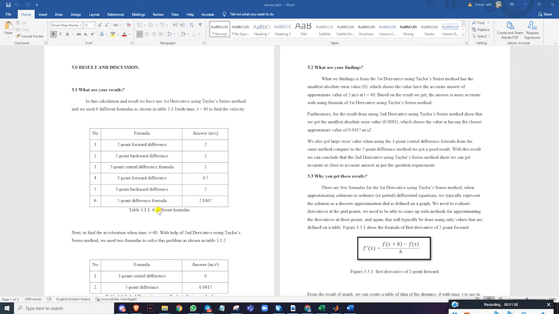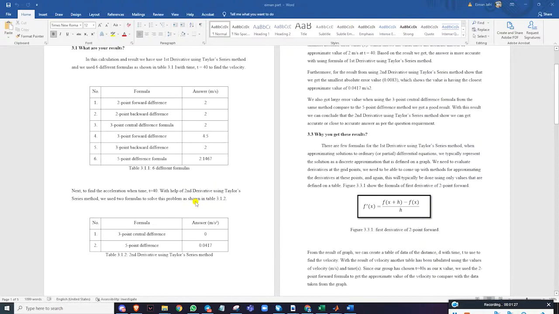Each formula appears to give the same result or a different result. The same result appears for the answer 2. Meanwhile, there are 2 types of differences, the 3 point forward difference and the 5 point difference formula, that give a different answer.